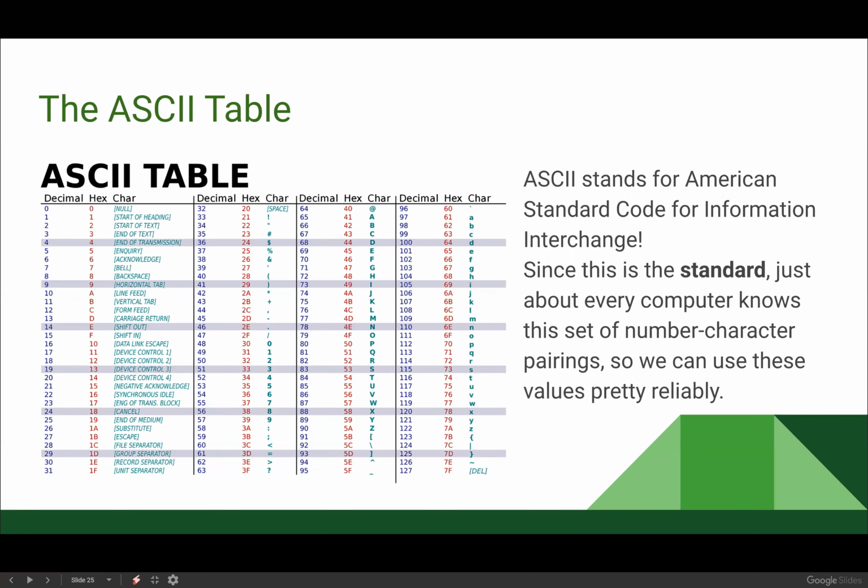Pretty much any computer that we interact with is going to know this table and know this encoding. And remember, we said a code is just information stored as a symbol. So here we're storing character information as a number, or vice versa. So every computer is going to know this series of numbers and characters, so we can use these values pretty reliably.